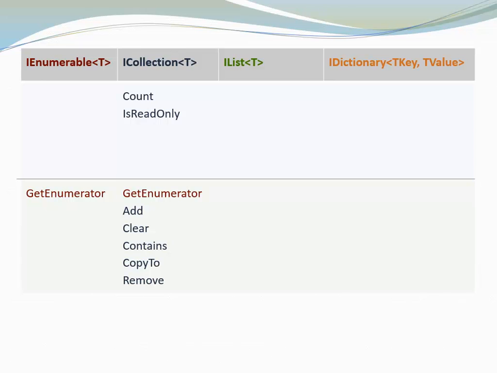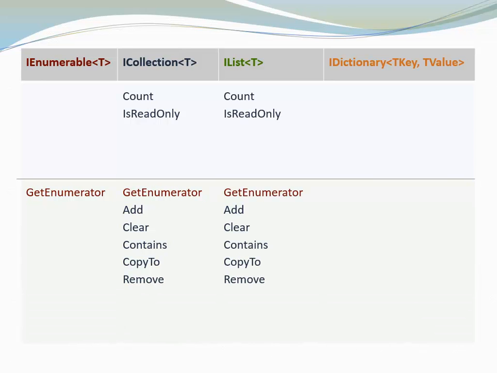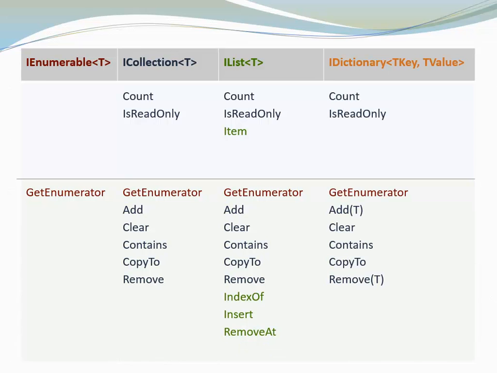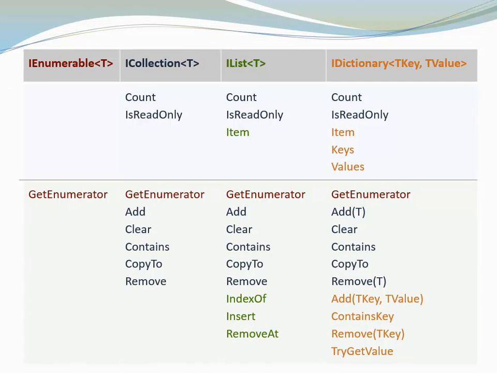IList extends ICollection. It inherits all the ICollection interface members and adds its own ones. IDictionary extends ICollection. Again, it inherits all the ICollection interface members, and again, it adds its own ones.